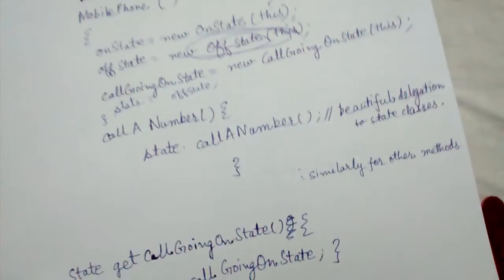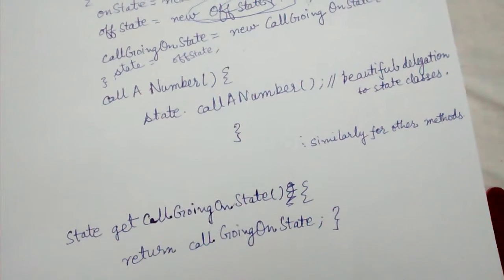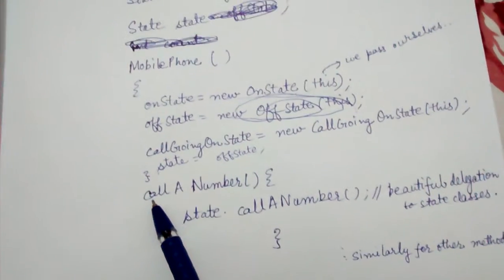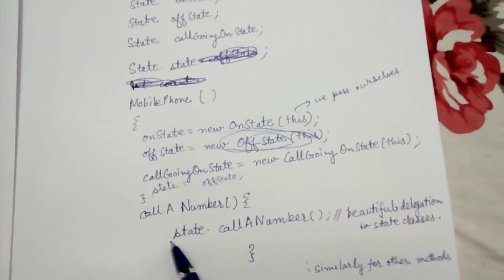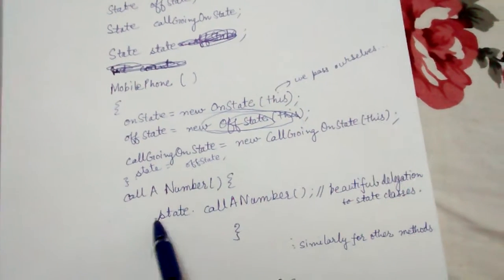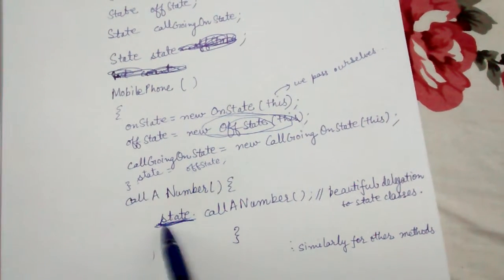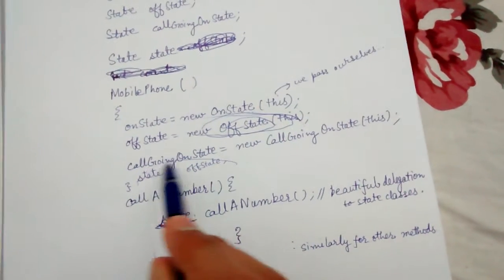Okay, so let's look at one of these methods. Let's see the call a number method of mobile phone. Whatever the current state is, I will use that object reference, which is representing my current state.